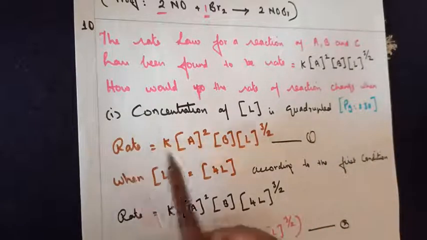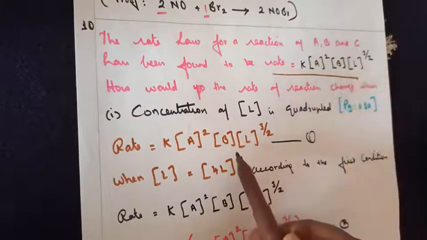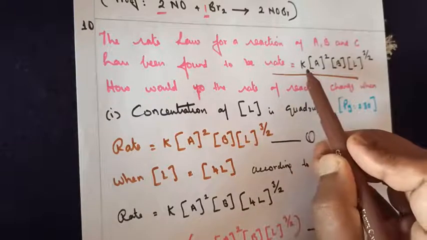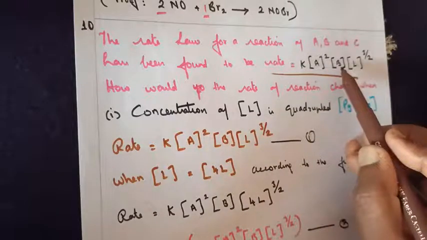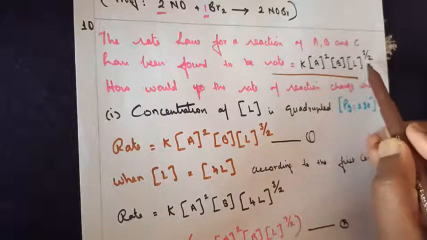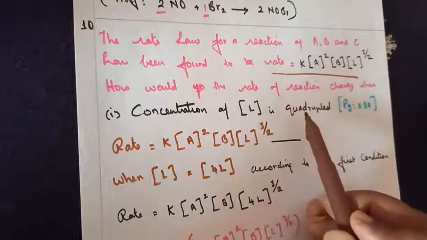So I'm writing the question as it is. Rate is equal to, I'm rewriting this part here, rate constant into concentration of A to the power 2 into concentration of B into concentration of L to the power 3 by 2. What's the condition? L is quadrupled.